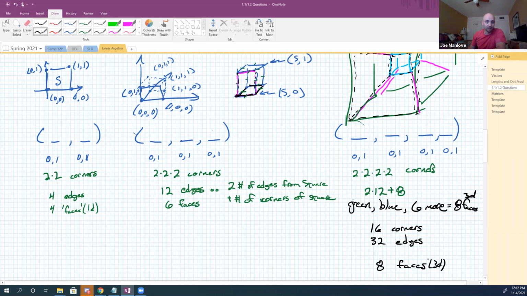Grayson's saying 24 — does that seem right? 6 plus 6 plus twice 6. Yeah. So there are 24 of something, but I don't have a word for it. Those are 2D faces. You guys see this?